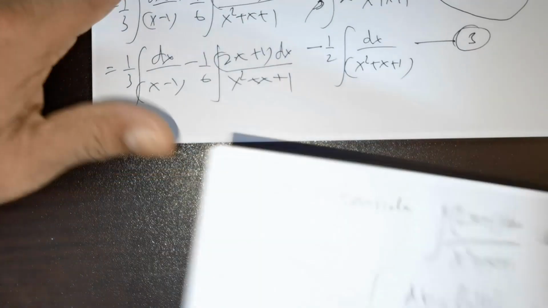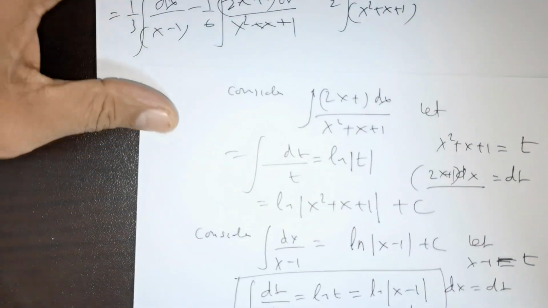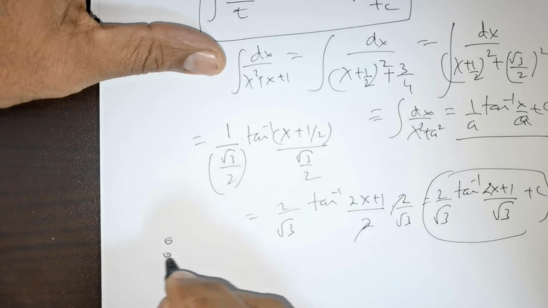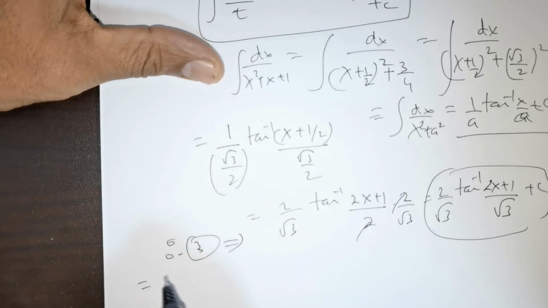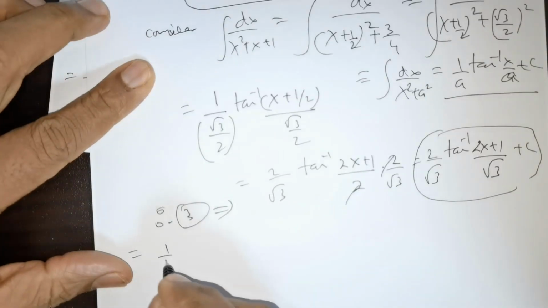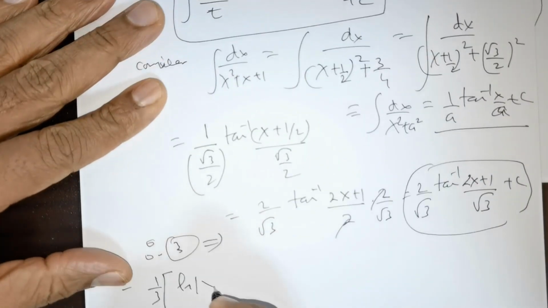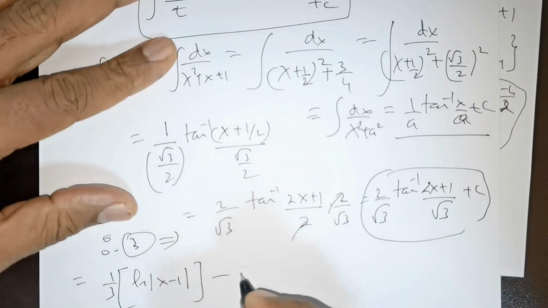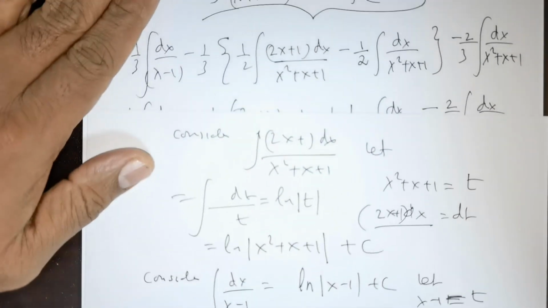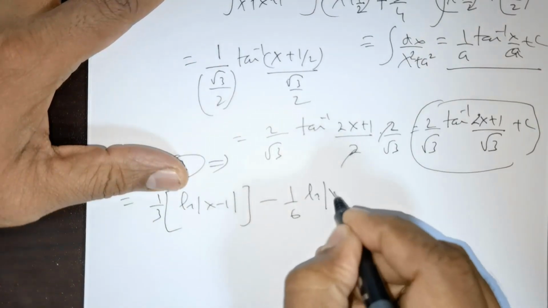So I can rewrite the integrand in the following fashion. Let me write that. Therefore, it is rewritten as 1 over 3 over here, 1 over 3 over here. So just start with 1 over 3 and then the integral of dx over x minus 1, that's ln modulus of x minus 1, that's fine. Next you've got negative 1 over 6, and what is that? You've got ln of x squared plus x plus 1, so that is done.